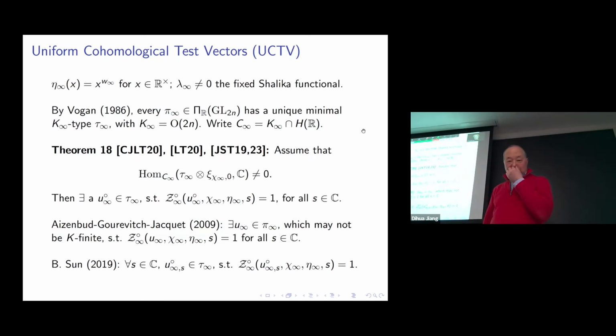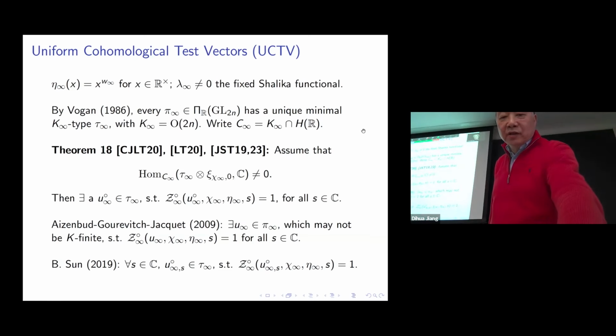Okay. Yeah, I think this kind of result was tried by Eisenbud, Gourevitch, Jacquet 2009, but they constructed a vector with this property, but they didn't even know that this vector is K-finite. Yeah, that's way not enough for arithmetic application. And then Binyong Sun moved up.